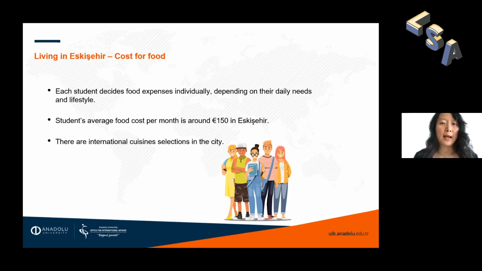If you rent accommodation, you can normally find kitchens where you can cook by yourself. And of course, if you don't want to cook, there are some international cuisine selections in the city. There's Japanese food, Chinese food, Italian food, hamburgers, pizza, so you won't be hungry.